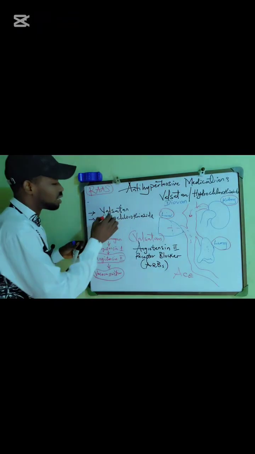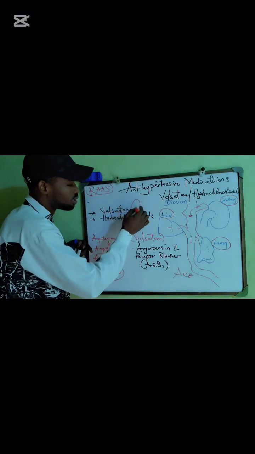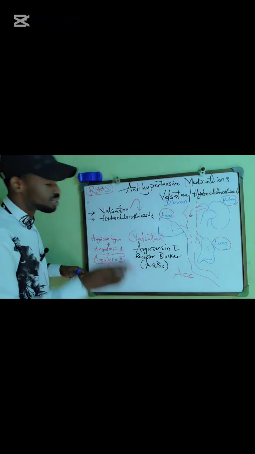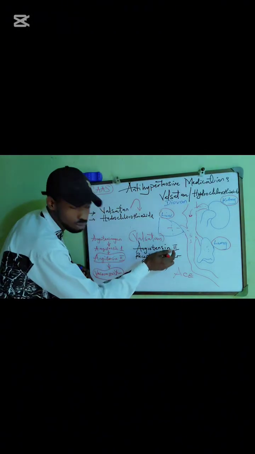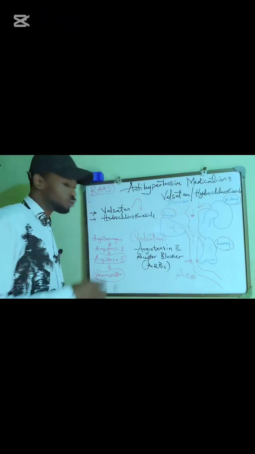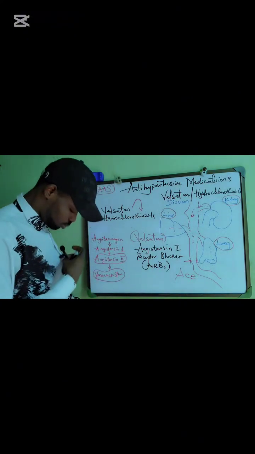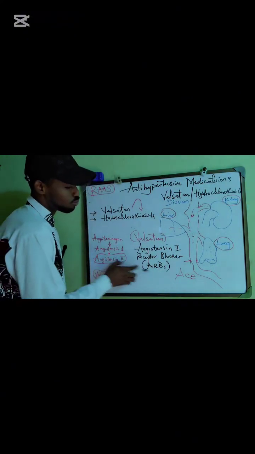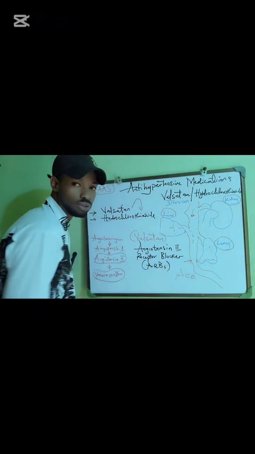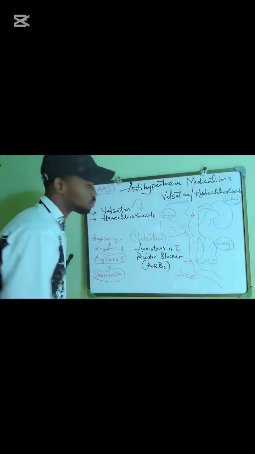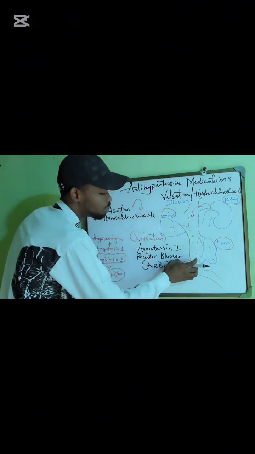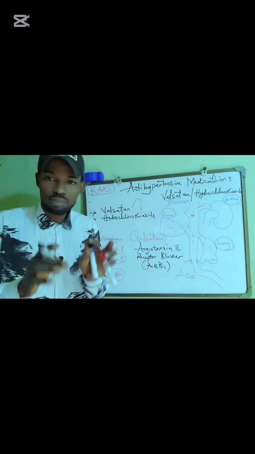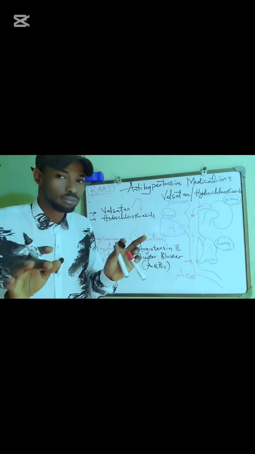What valsartan is coming to do now is to prevent angiotensin 2 from constricting the blood vessels. Do you get? So it's going to help the blood vessels to relax.